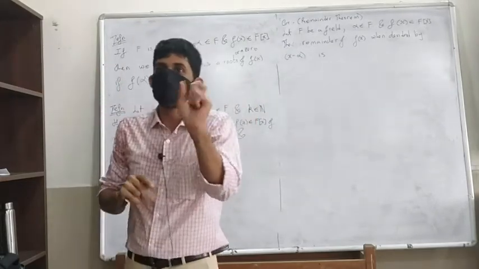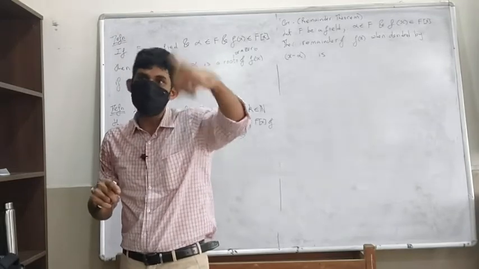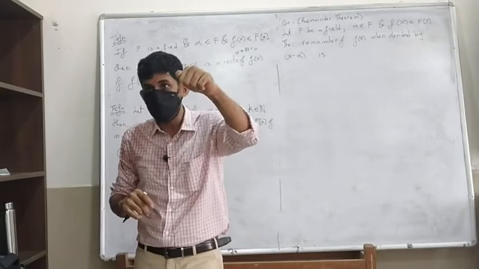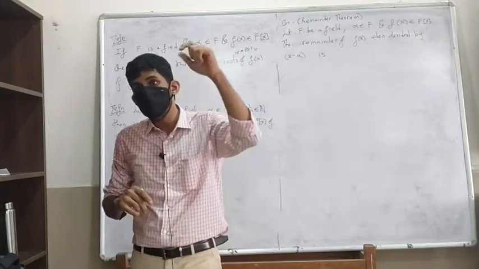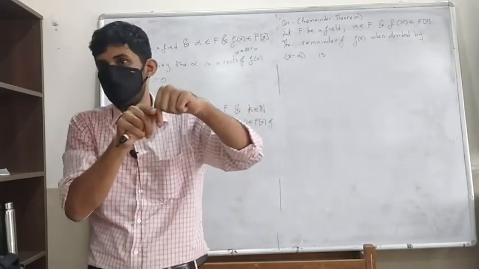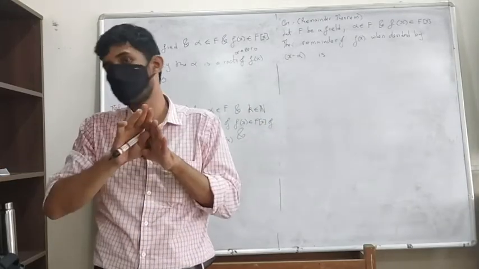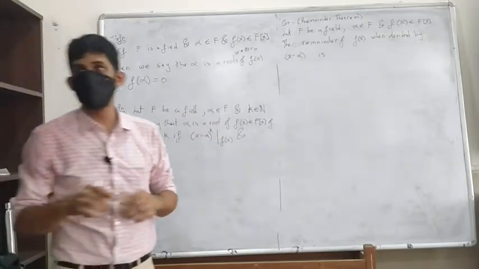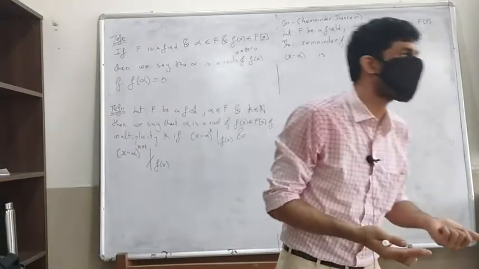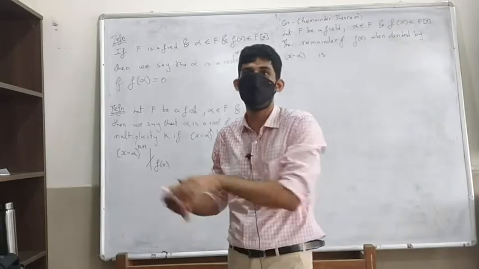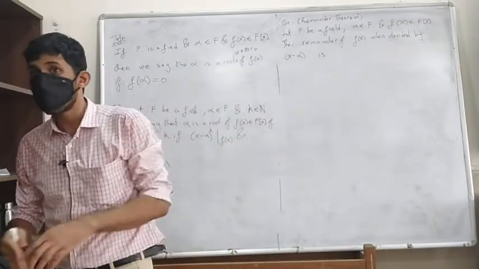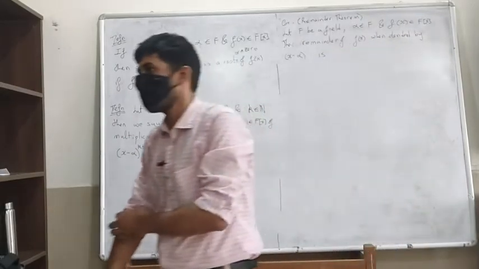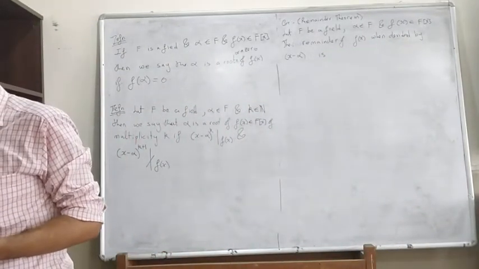But I am not going to distinguish between the constant polynomial and the same element of the ring. I am going to write them alike. You have to understand from context: if I am multiplying it to a polynomial, it's a polynomial; if I am multiplying it to a ring element, it's a ring element.